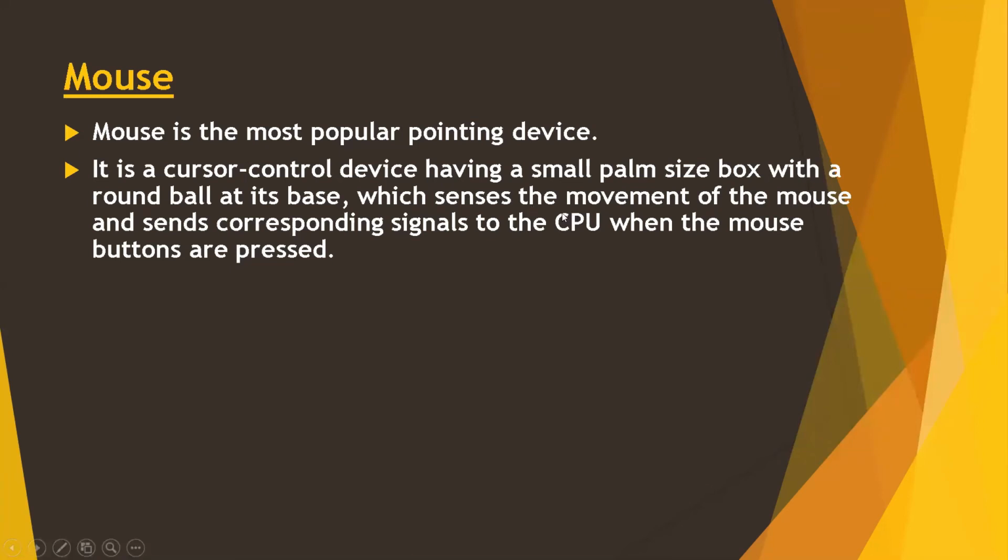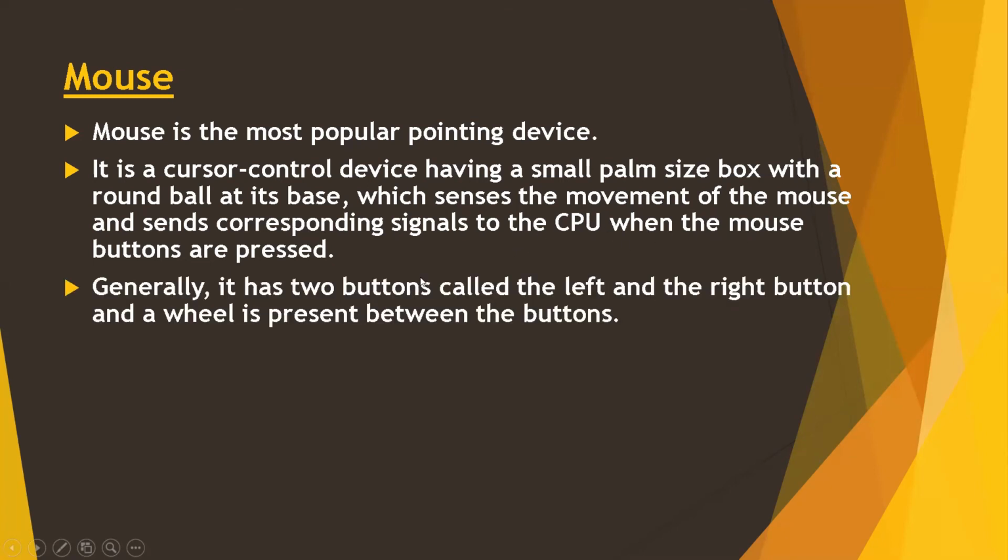Initially, in the beginning phase of the mouse, there was a round ball at the base, but now it is being replaced by optical light, which senses the movement of the mouse and sends the corresponding signals to the CPU when the mouse buttons are pressed. Generally, we have two buttons, left and right, and there is a wheel between the buttons.